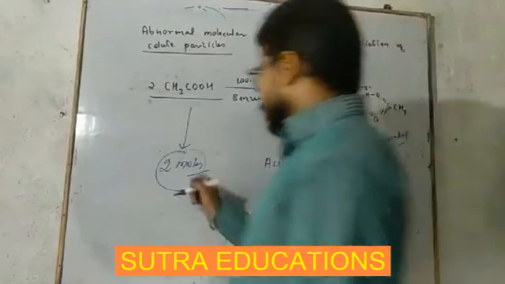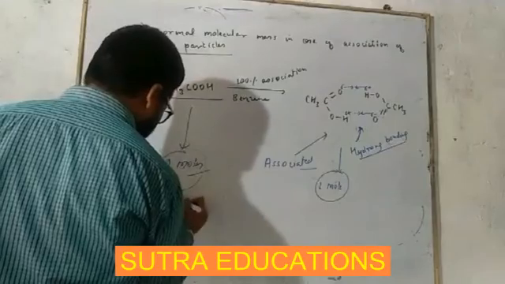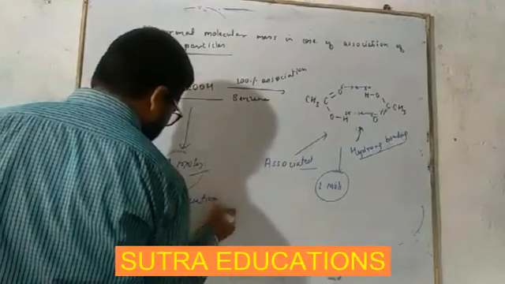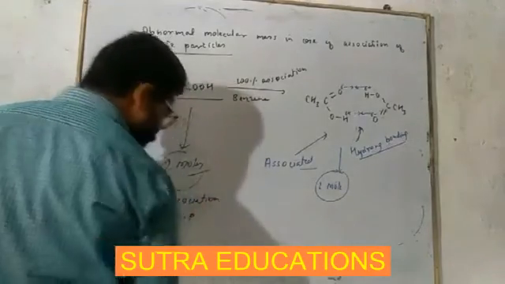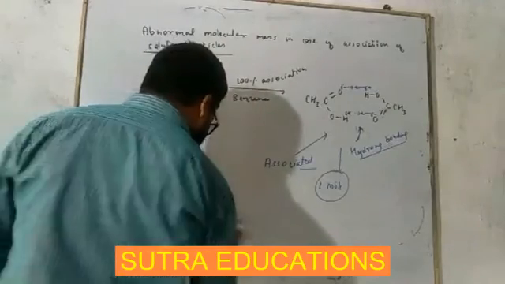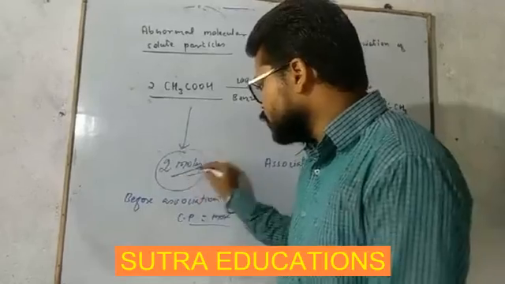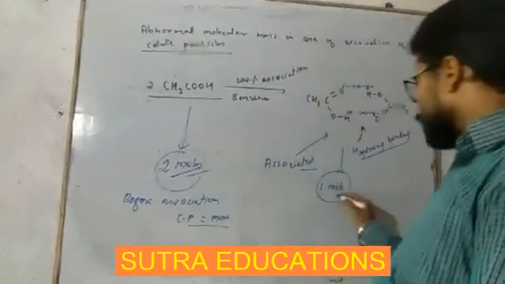So before association, colligative property, CP, was more, because colligative property depends upon the number of moles of solute. Here 2 moles of solute, here only 1 mole of solute is there.